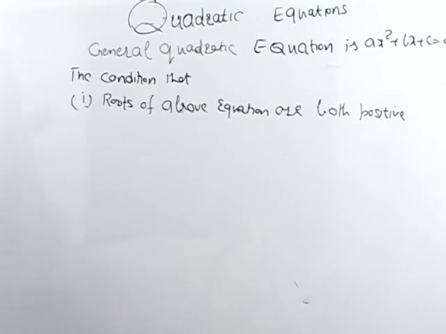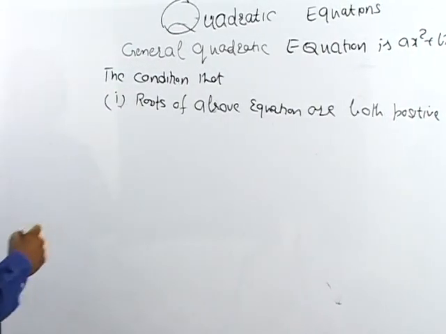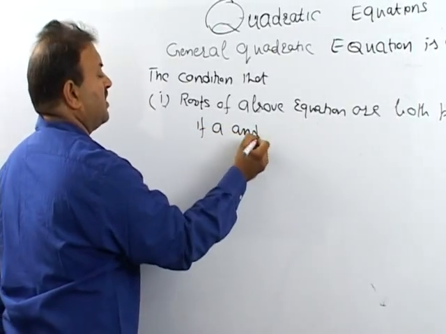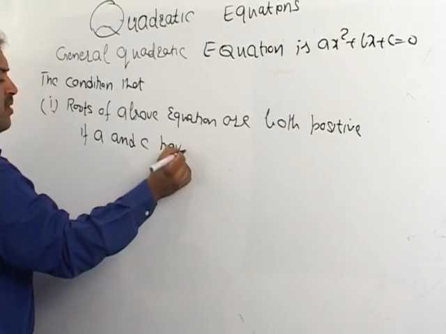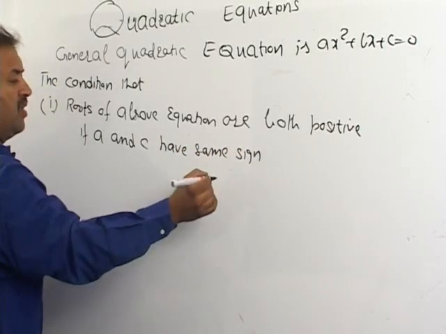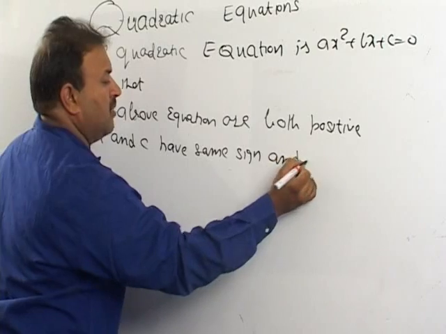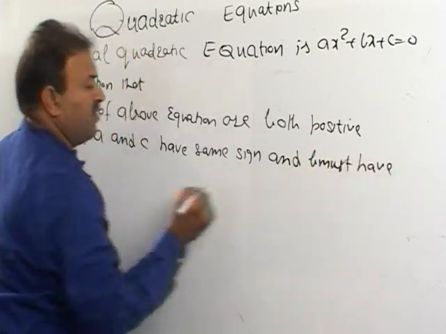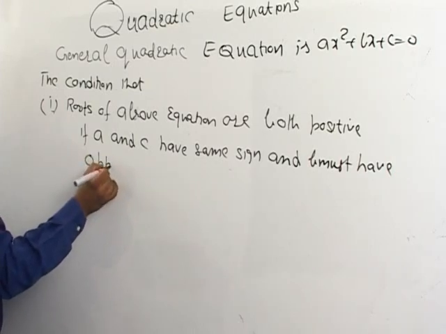The roots of the above equation are both positive if A and C have the same sign and B must have opposite sign.